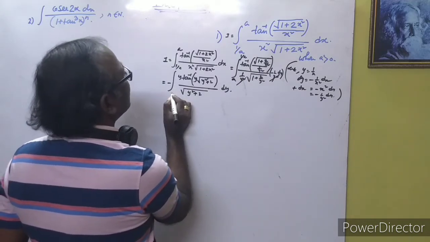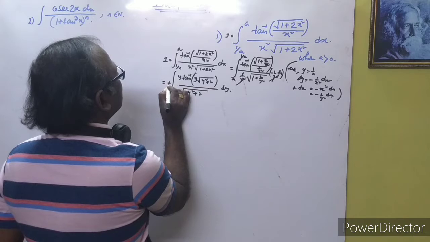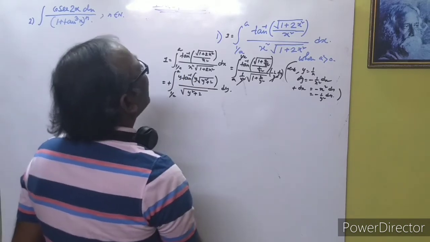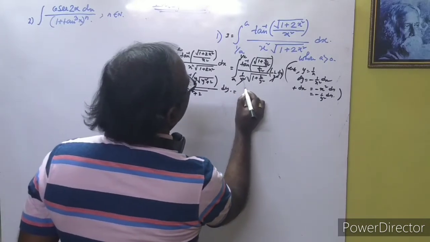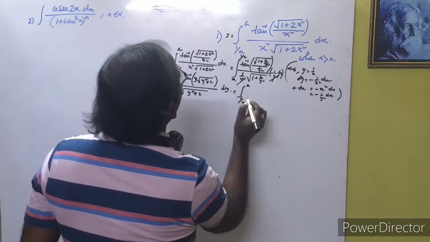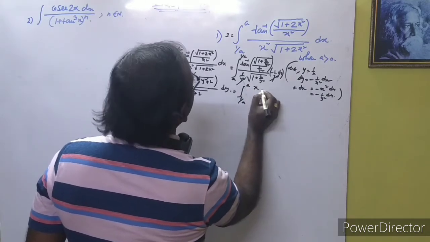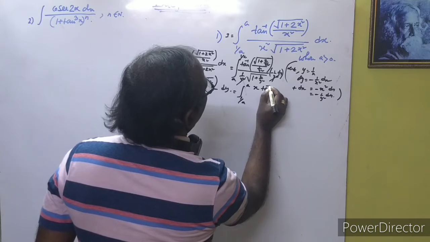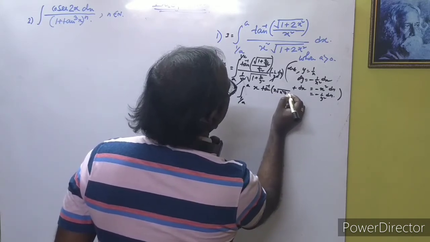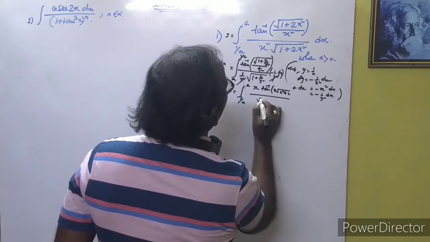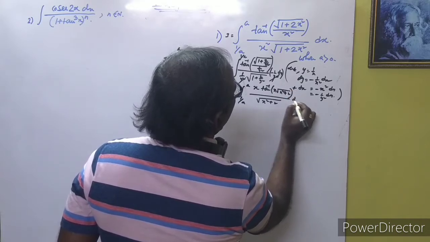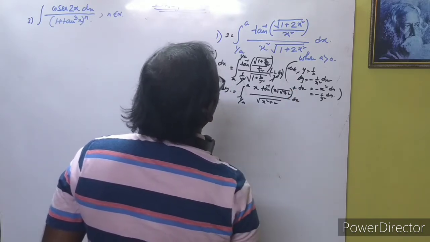We change the sign here, 1 by a and a here, and same as we can, this is with the limit here, so 1 by a, and we replace by x into tan inverse x into root over x square plus 2 by root over x square plus 2, so that is dx.